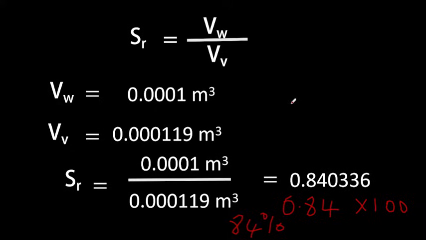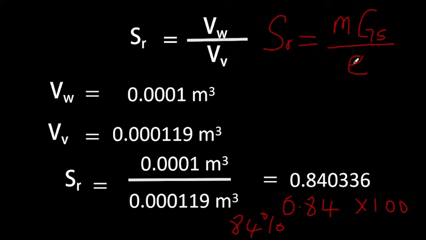Alternatively, we can also use this formula to calculate the degree of saturation, where M stands for moisture content, G stands for specific gravity, and e stands for void ratio. So if you have all these values for these parameters in the formula, we can find the degree of saturation, and we will get the same answer similar to the one we got from the other formula.